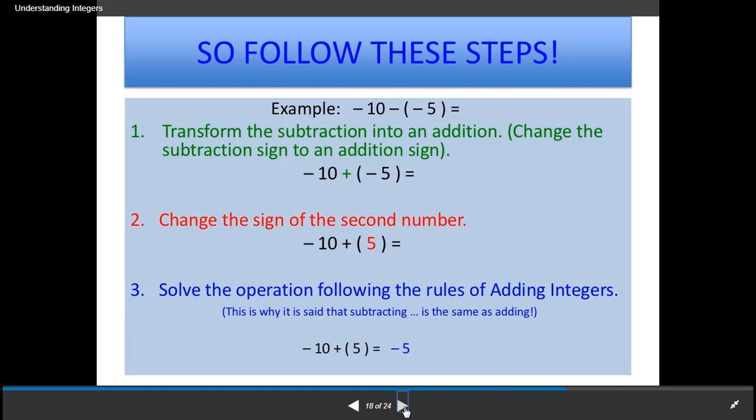Our answer will be -5, because our negative value is the highest, yes. So the sign will be negative.